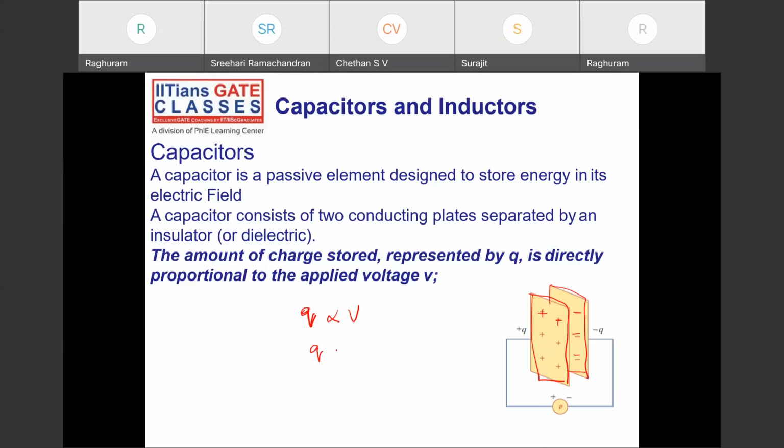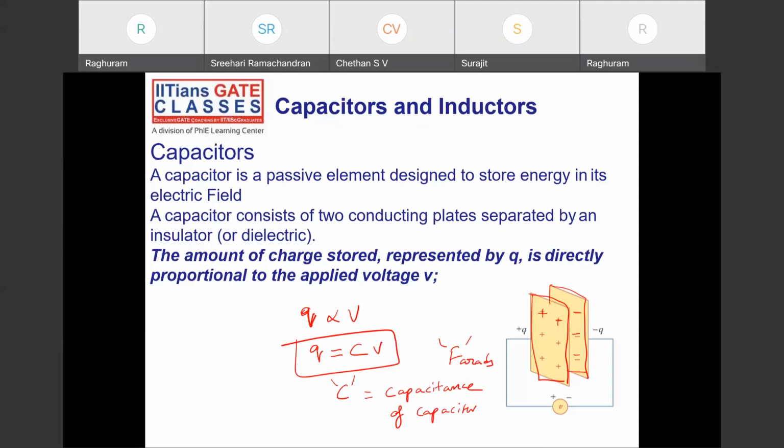And what is the proportionality constant called? C. C is the capacitance of the capacitor, similar to resistance of a resistor, and is measured in farads.